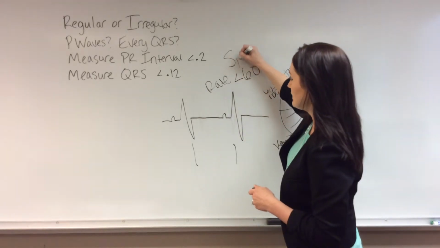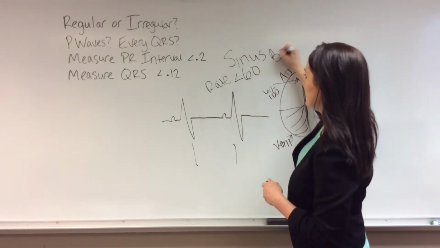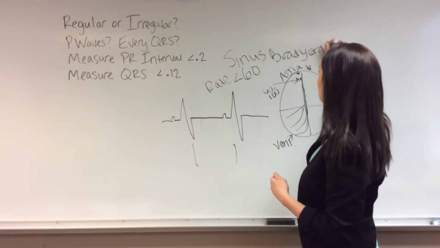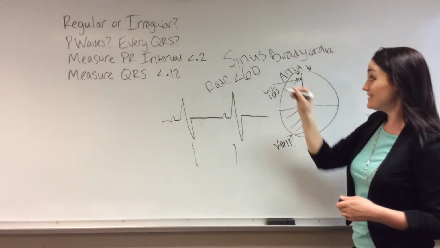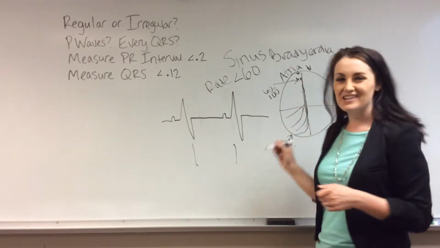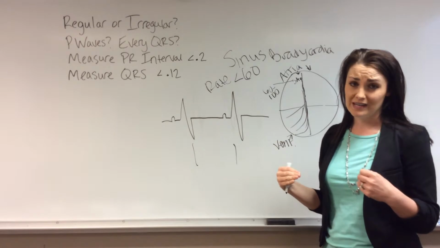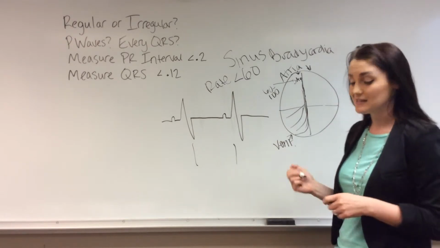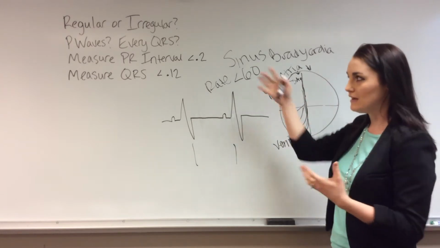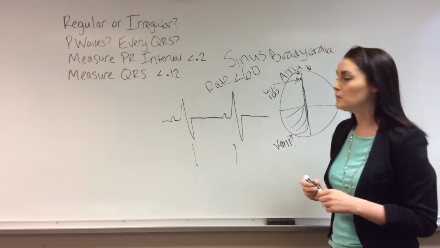That's going to be sinus bradycardia. With this, your impulse is still coming from that SA node. It's just that SA node is firing slower than it should be. It's firing less than 60 beats per minute. But that conduction is still going to be normal, evidenced by everything else being normal.